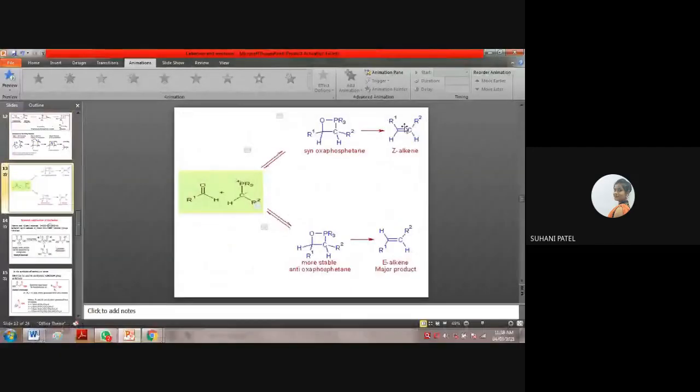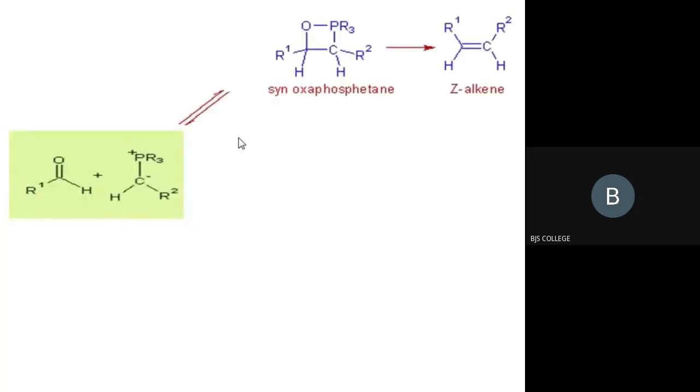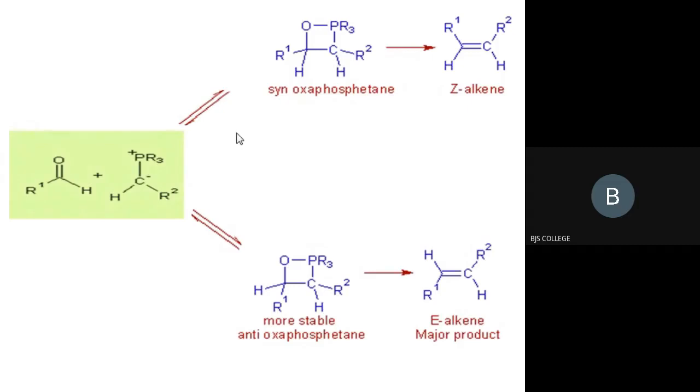Ma'am, how will we decide in the mechanism whether it gives E alkene or Z alkene? See, there are many references and evidences given for this particular reaction, but because it is not in our syllabus, only remember that out of these two intermediates, you have to see which is more stable. If R1 and R2 are on the same side, in a four-membered ring they are close, at a 90-degree angle, and R1 and R2 come close, so there is steric repulsion.